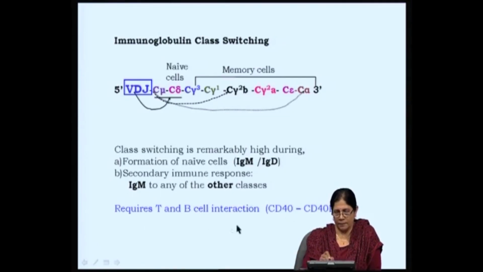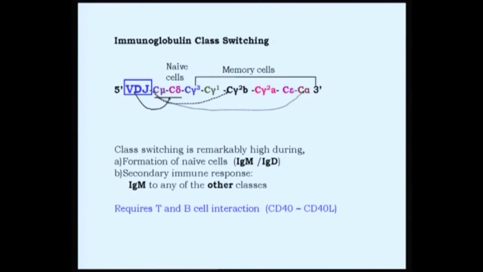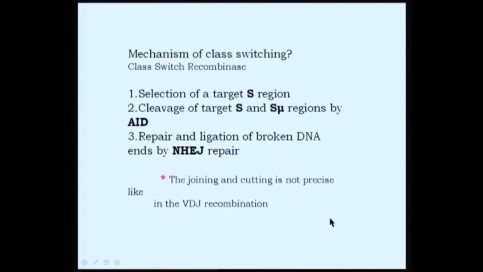All these happen in the memory cells, and therefore, for those B cells which are T cell independent, there would be no class switching, only IgM. T-B cell interaction, remember, happens by way of recognition of the CD40 receptor present on the B cell with the CD40 ligand, which is expressed on the T cells upon activation.